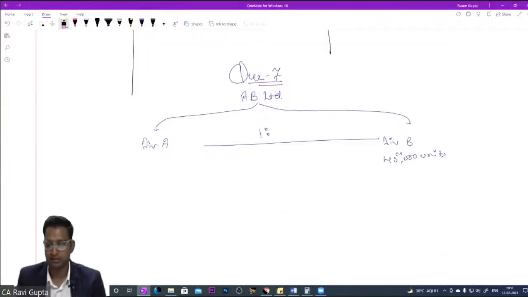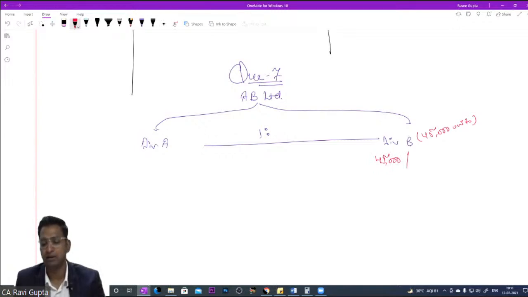So let's do it in this manner. This is my capacity, right? 45,000 units capacity, and demand in year 1 is 45,000 units, and demand in year 2 is also 45,000 units.